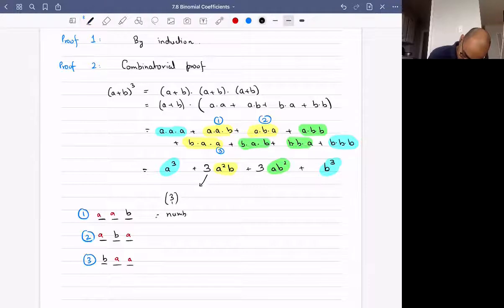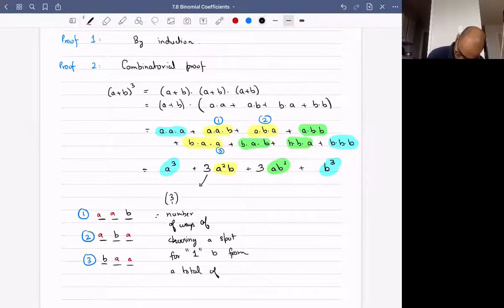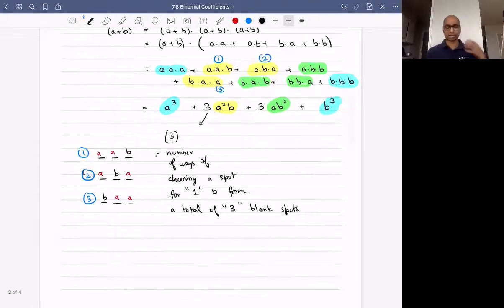number of ways of choosing a spot for one B from 3 blank spots. Okay, so that's why the coefficient of A square B is 3 choose 1.